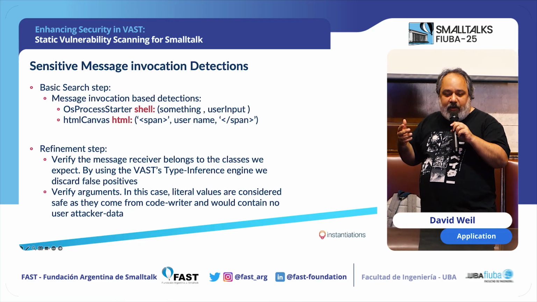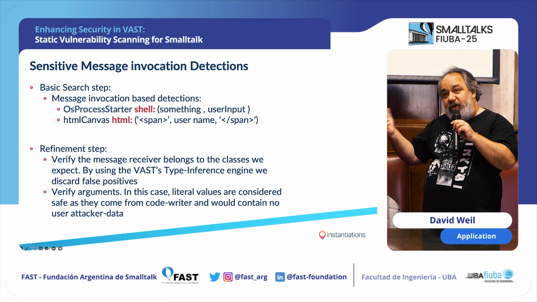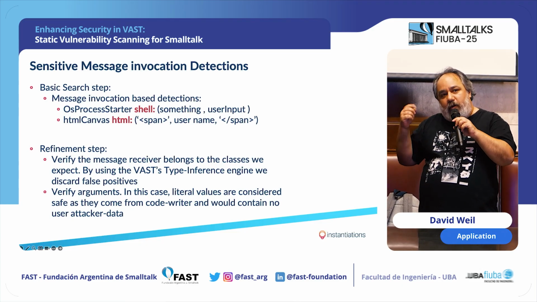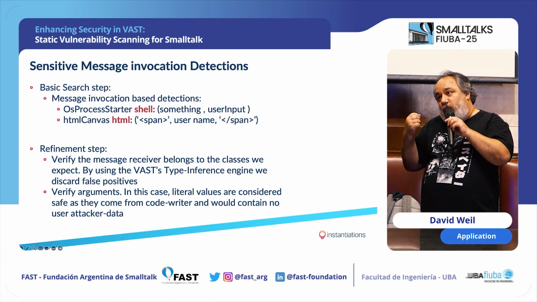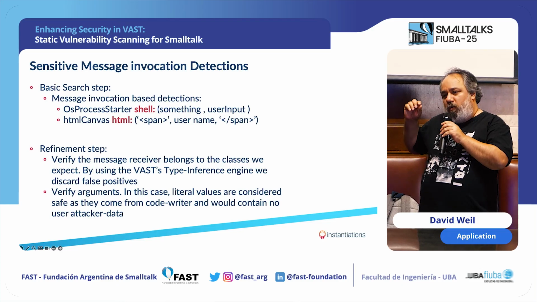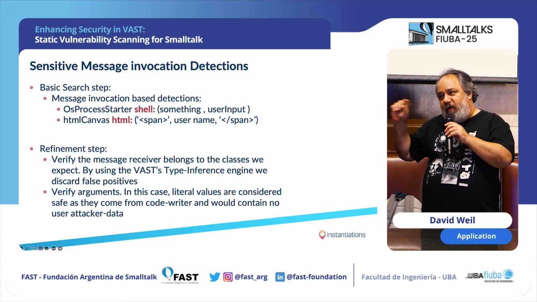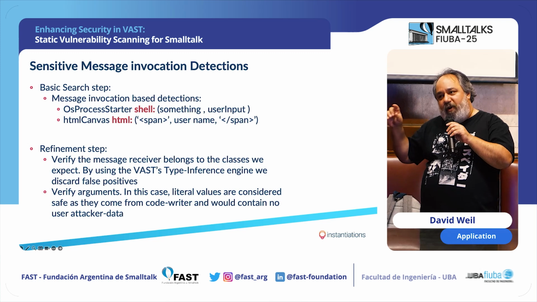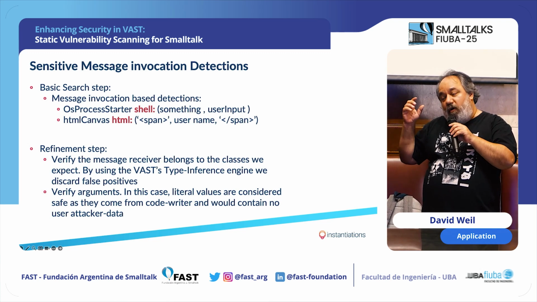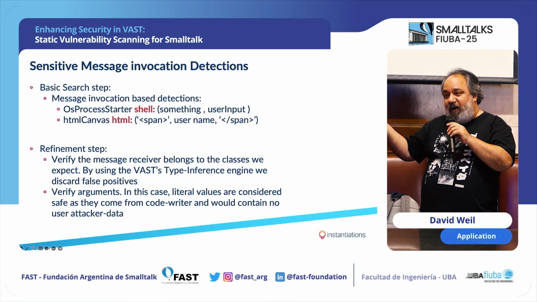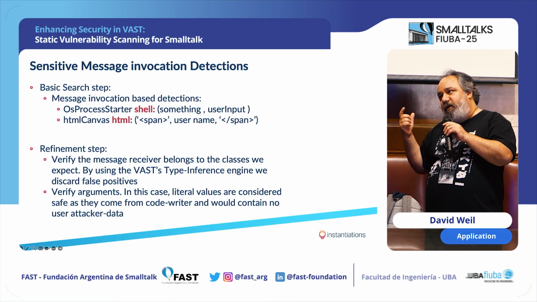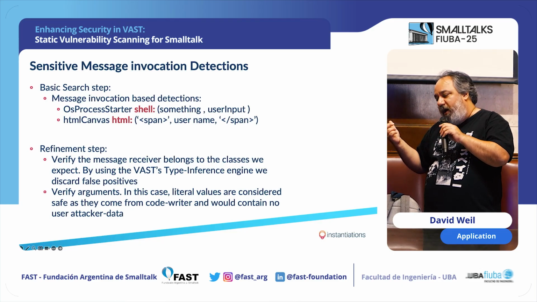Maybe, for example, on the client side, the problems arise when you call HTML with data that is not escaped, right? To detect that and be sure a vulnerability is present, we need to understand that the invocation is done on a receiver of the class HTML canvas, and we want to signal those cases in which the argument of the invocation is not a literal.